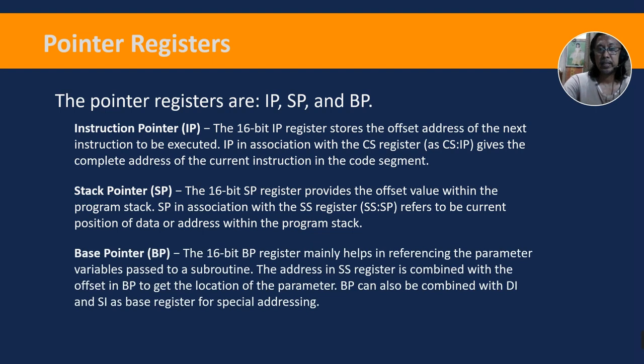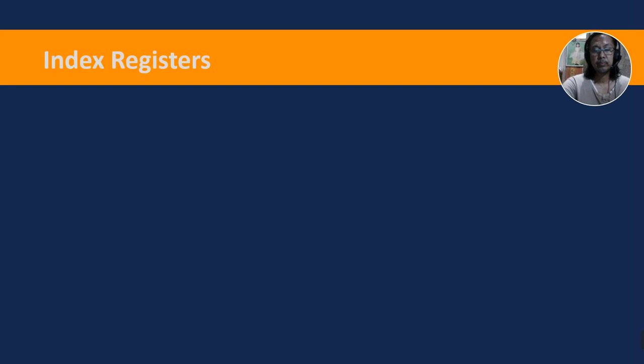It's also 16-bit. It mainly helps in referencing the parameter variables passed to a subroutine. The address in the SS register is combined with the offset in BP to get the location of the parameters. BP can also be combined with DI and SI as base register for special addressing.